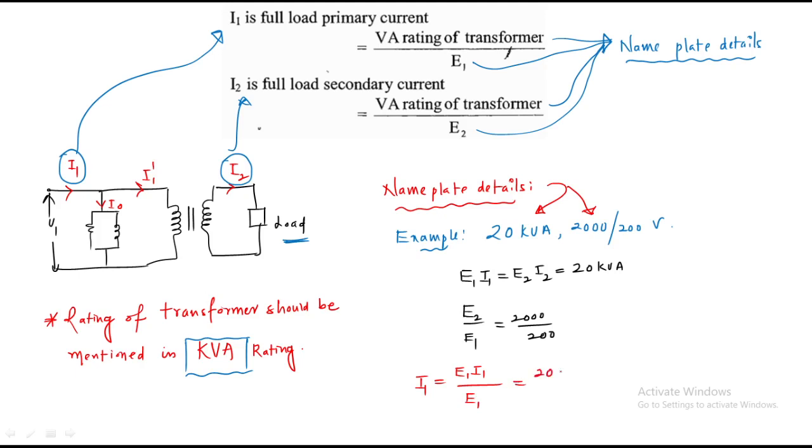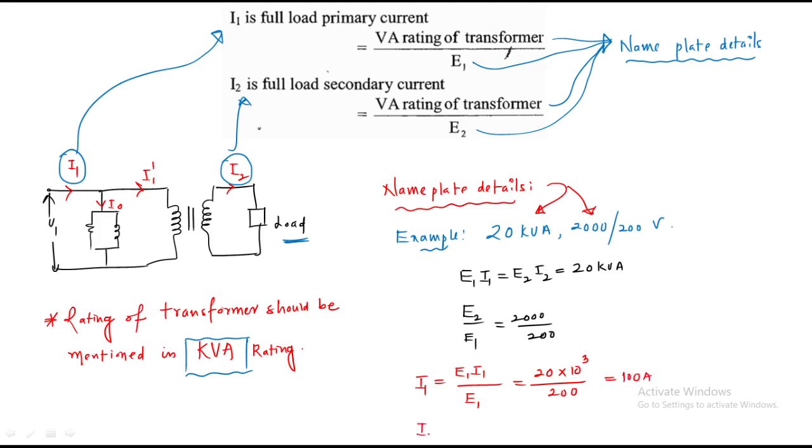That is 20 into 10 cube divided by E1, which is 200, the low voltage side. So the value of current is 100 amperes.